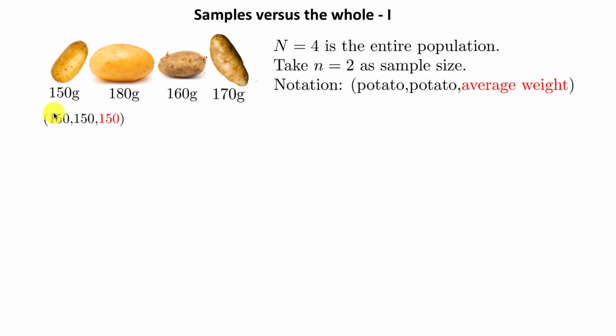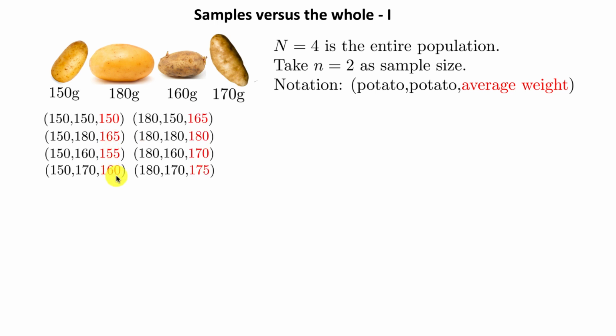I will take the first potato, close my eyes, put it back, pick up the second potato. Of course, I could get back the first potato, in which case the average weight will simply be 150, but I could pick up the second potato or the third or the fourth, and the average weights will be what you have in front of you, 165, 155, 160.